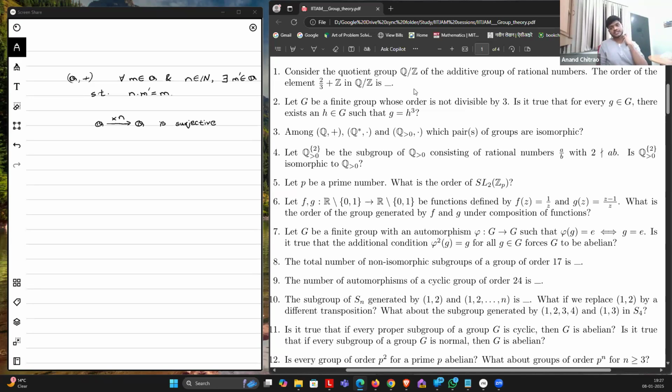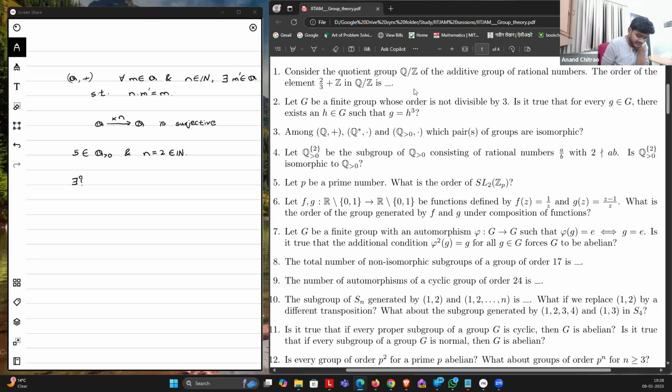Is that the case with Q positive? Don't know, sir. So take n to be 2. Now let's ask the same question inside Q positive. So 5 is inside Q positive, and n equals 2, a natural number.